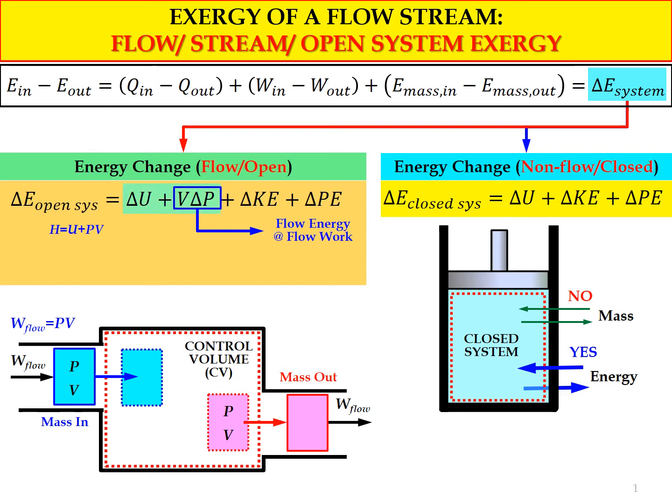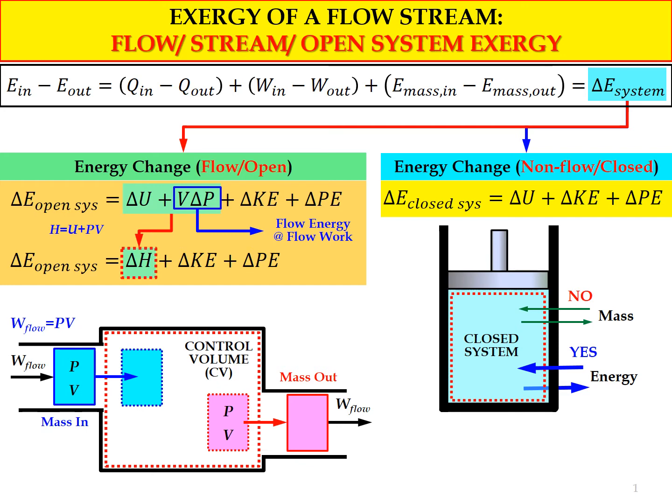So if you combine the term delta U plus V delta P, this term actually represents the enthalpy difference, delta H. So instead of delta E for open system equal to delta U plus V delta P plus delta KE plus delta PE, we will have a new equation for delta E for the open system, which is equal to delta H, enthalpy difference, plus delta KE, kinetic energy difference, plus delta PE, potential energy difference.